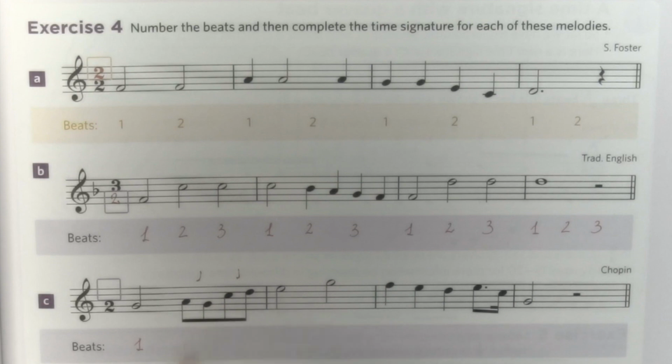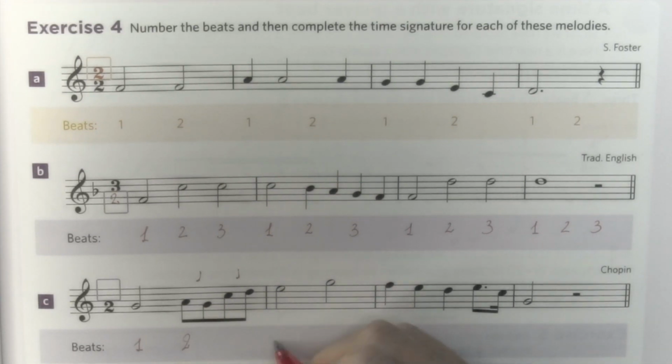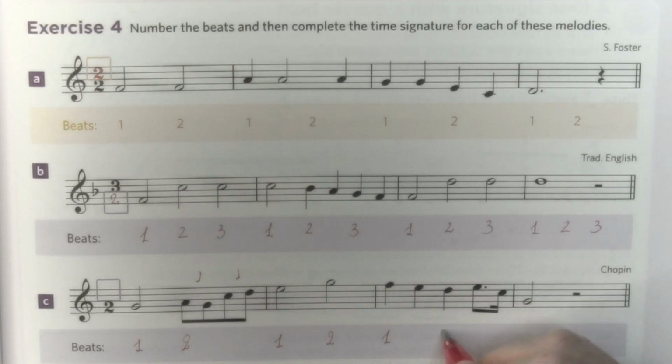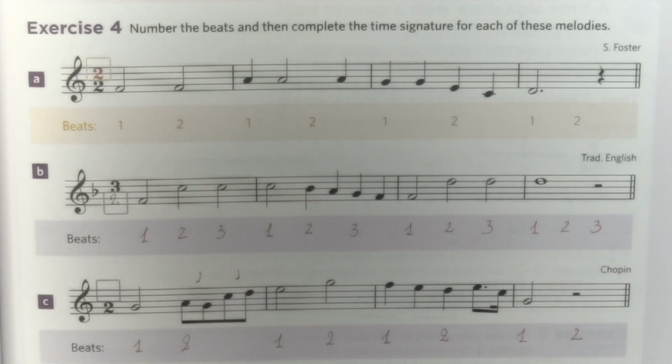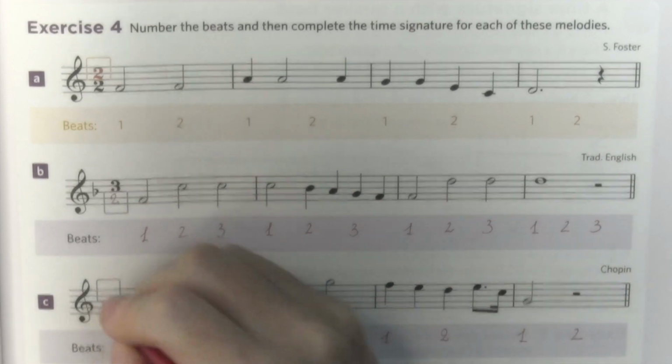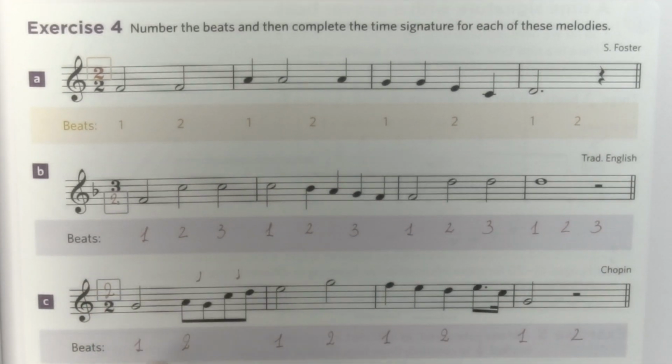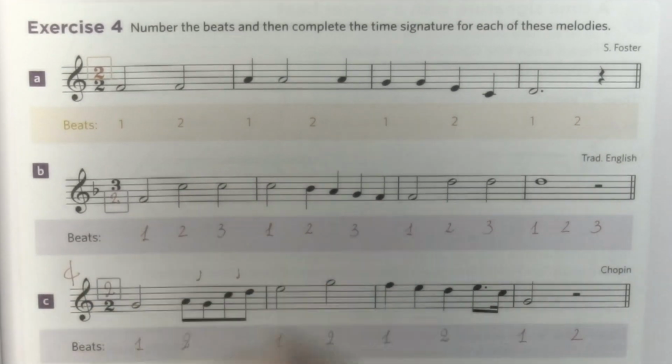So we have 2 crochets here equals 1 minim. 1, 2, 1, 2, 1, 2. So 2 halves. This could have been written also this way, a C with a line through.